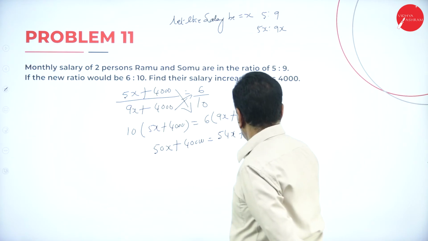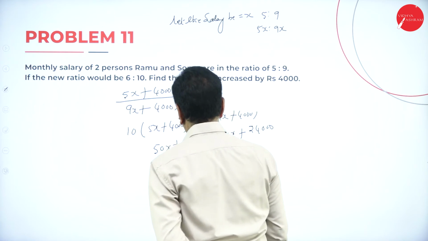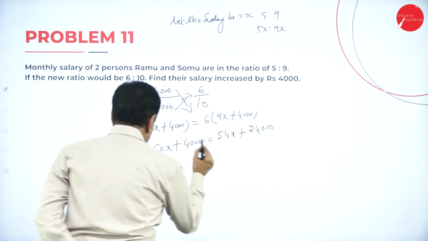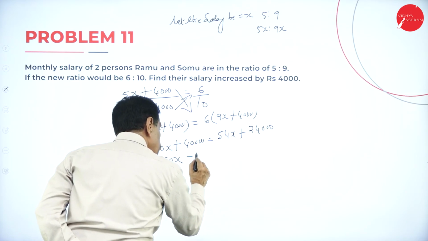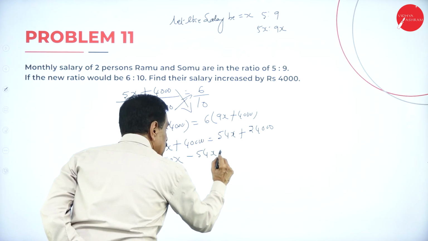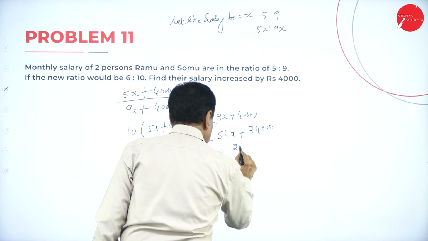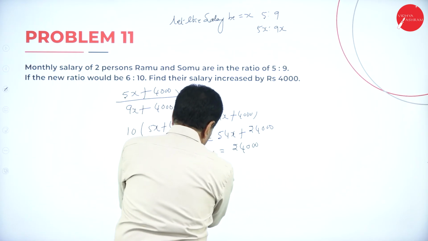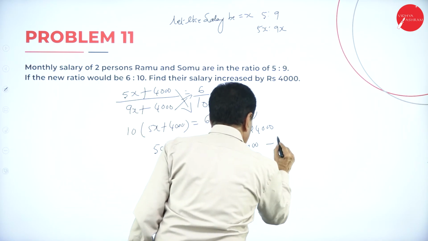Plus 4 into 6, 24,000. So you take 50x. If you take minus 54x, plus becomes minus, it is 24,000. If the 40,000 comes that side, minus 40,000.